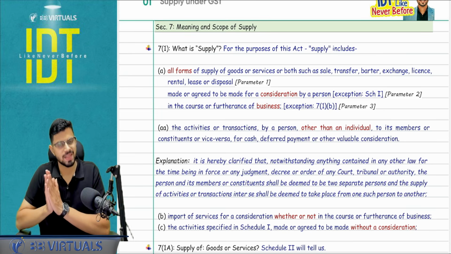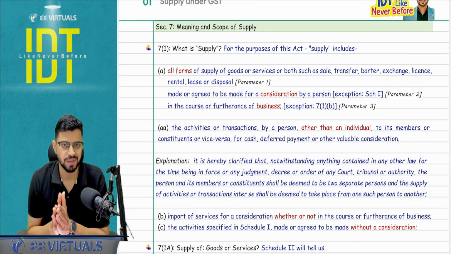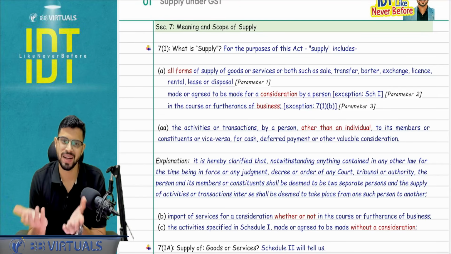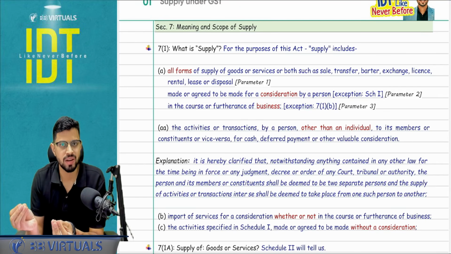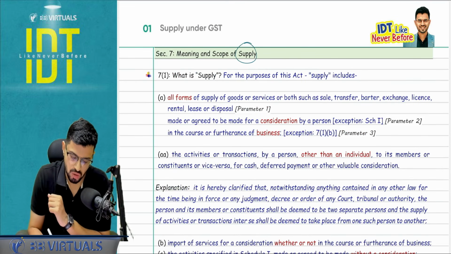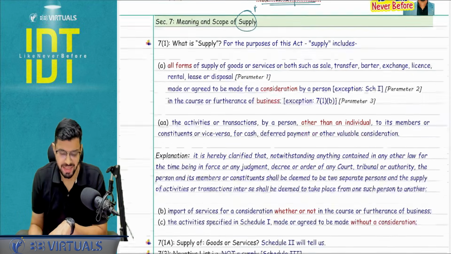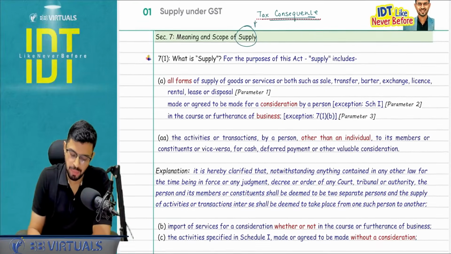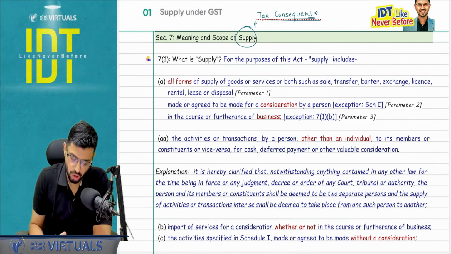Fine, let's start. Sir, what is supply? Supply is a taxable event. Taxable event gives rise to a tax consequence, sir. So let's see. For the purpose of this act, for the purpose of CGST, supply includes.